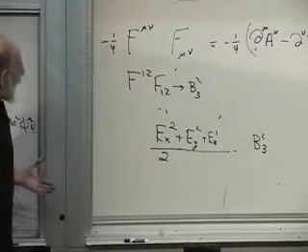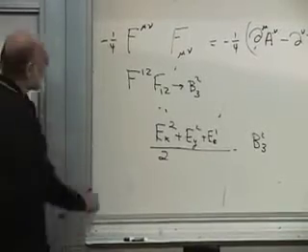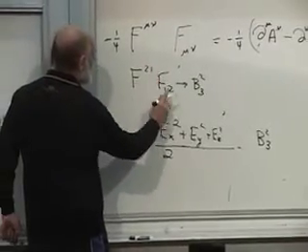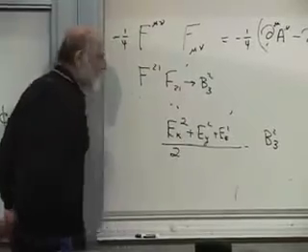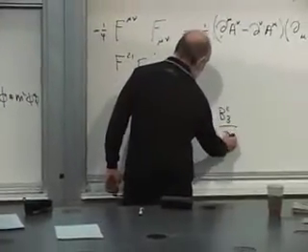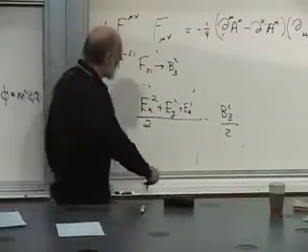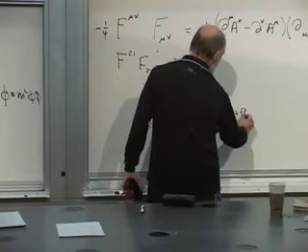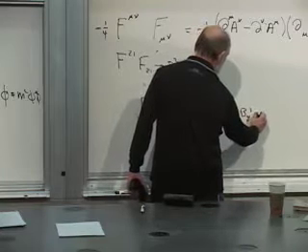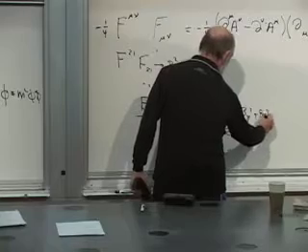Well, why is it minus a half and not minus a quarter? Because there's another term which is 2, 1, 2, 1, exactly the same. So it's B3 squared divided by 2, plus Bz squared, plus By squared, plus Bx squared.